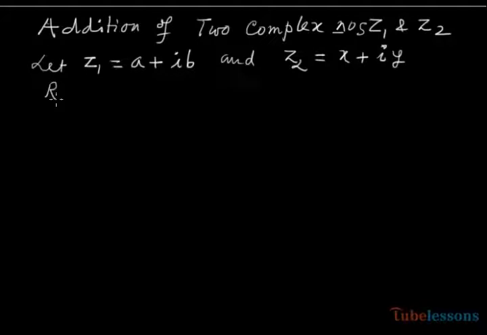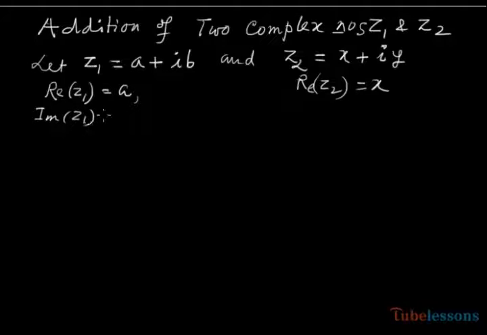Here the real part of Z1 is a and the real part of Z2 is x. The imaginary part of Z1 is b and the imaginary part of Z2 is y.